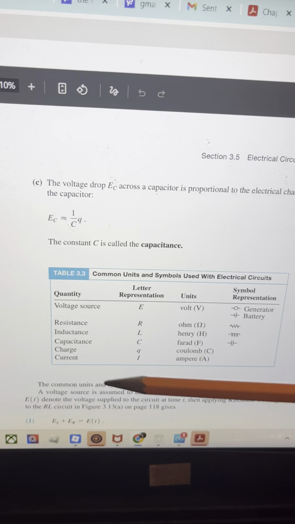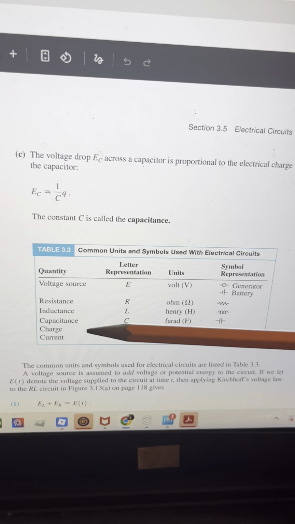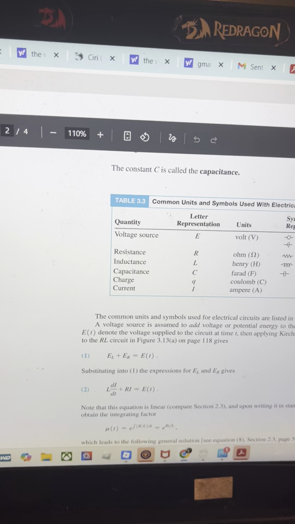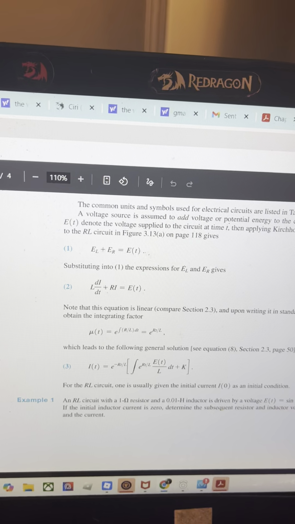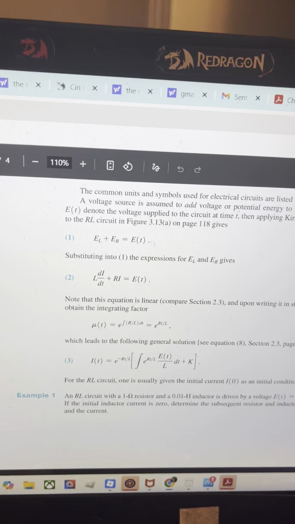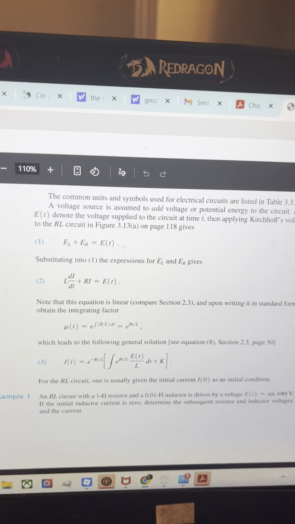Right here, briefly, is a table of all of our variables and what they mean. As I scroll down, I'll briefly show you examples of using the equations to find things like current, voltage drop, or even inductance.